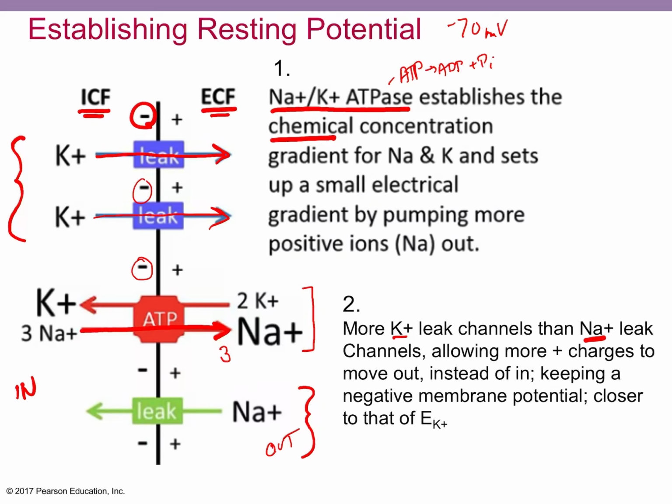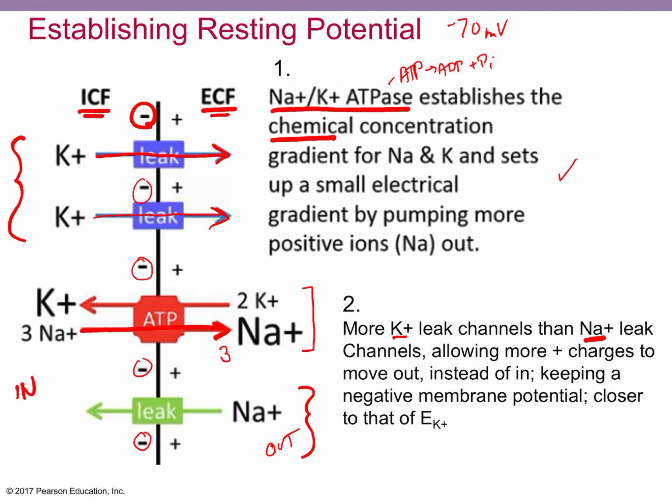And there are fewer sodium channels, so fewer positive charges coming in, which means that the resting membrane potential will be negative. So between the action of the sodium-potassium pump, which has an unequal pumping of charges, pumping more positive charges out and leaving the inside negative, and the fact that there are more potassium leak channels, with positive charges leaving the cell and fewer sodium channels leaking sodium in, we have the resting potential.